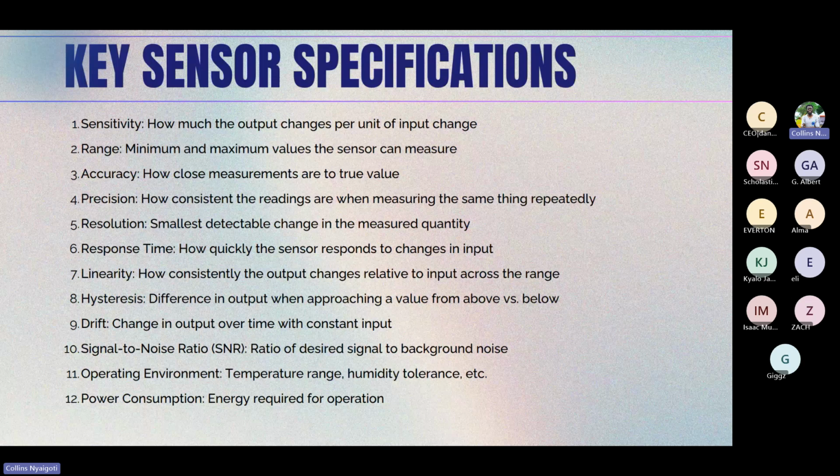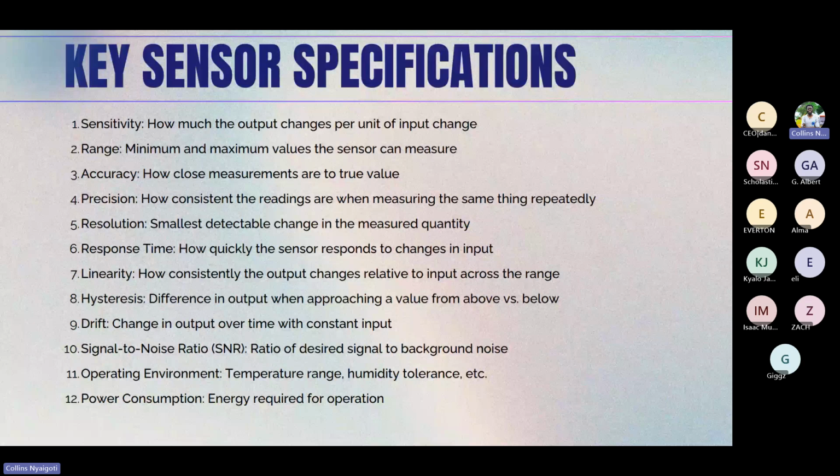Drift: the change in output over time with constant input. Over time, as you use a sensor a number of times, you can find that a temperature sensor at 20 degrees was reading maybe 19.